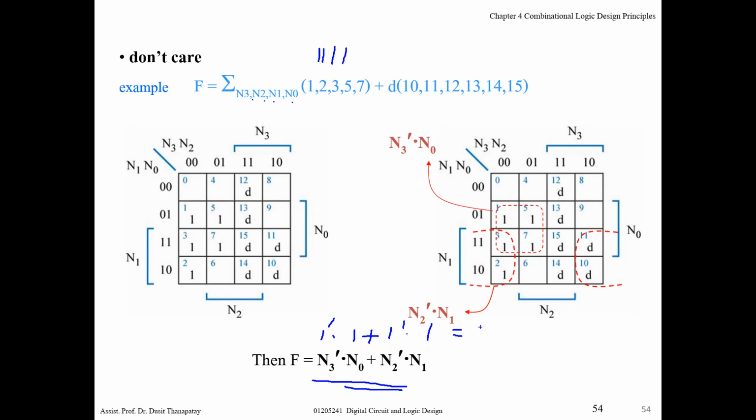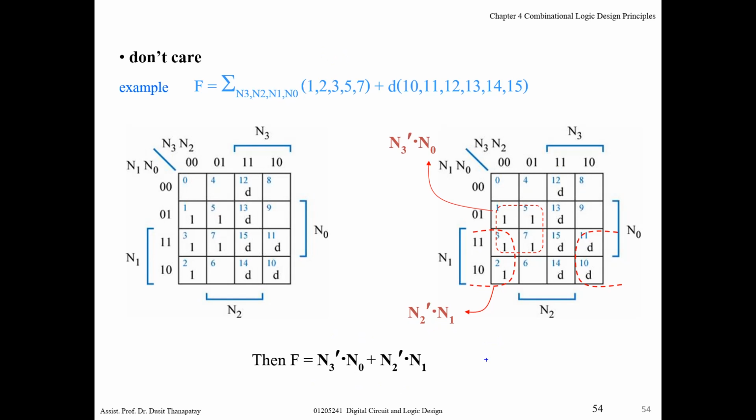Why 2? It's 0, right? Actually, 1, 1, 1, 1 is this cell, right? This cell you not select. So the result is 0.